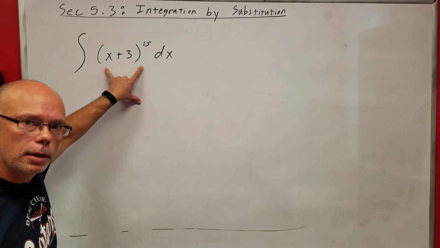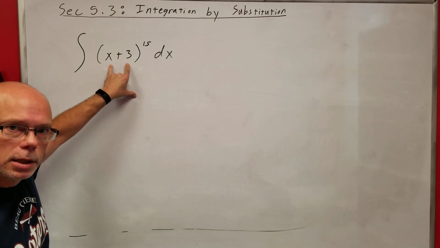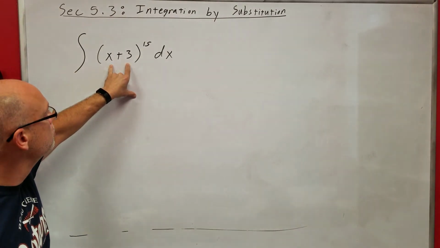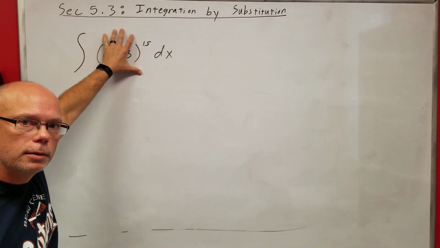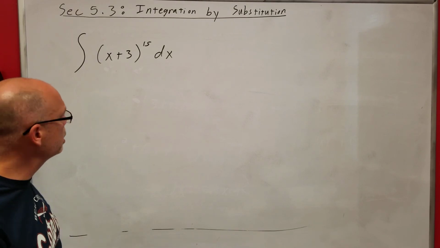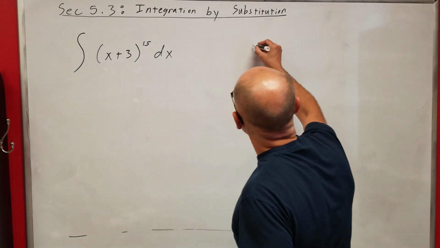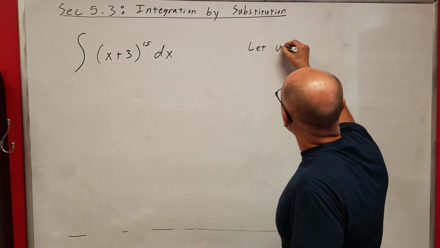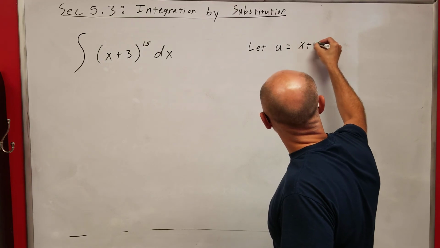In this integrand, you'd probably say that x + 3 is the inside, and something raised to the 15th is the outside, right? And you usually pick u to be the inside. Now, we're going to be more technical in a minute about how to pick u. But for now, let u equal the inside. So we're making a substitution. u will be x + 3.